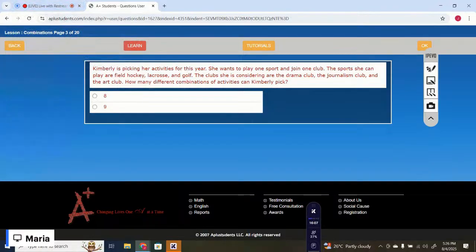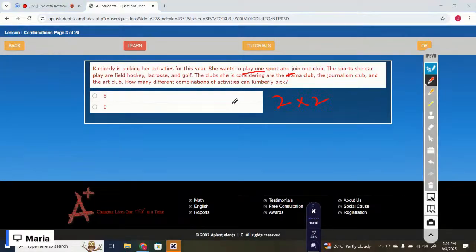Kimberly is picking her activities for this year. She wants to play one sport and join one club. The sports she can play are field hockey, lacrosse, and golf. One, two, three options. The clubs she is considering are the drama club, journalism club, and the art club. So that is 3 times 3 makes 9.